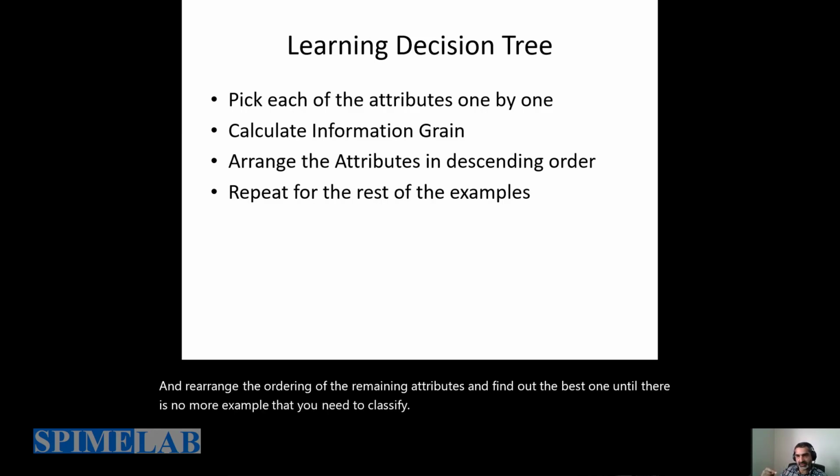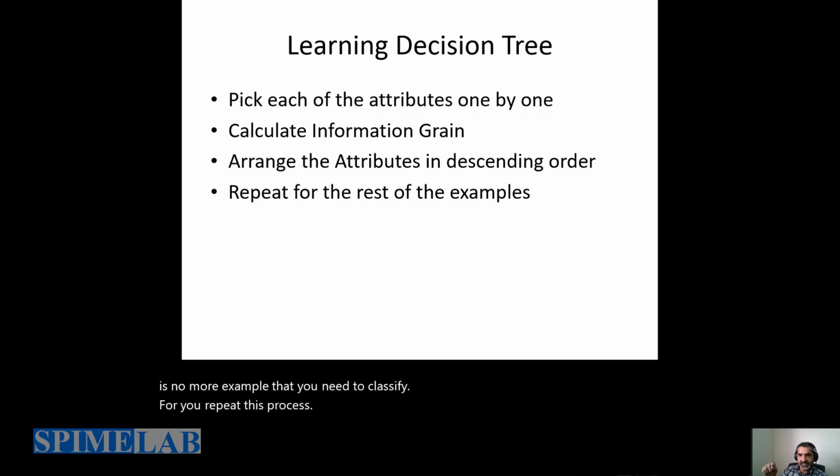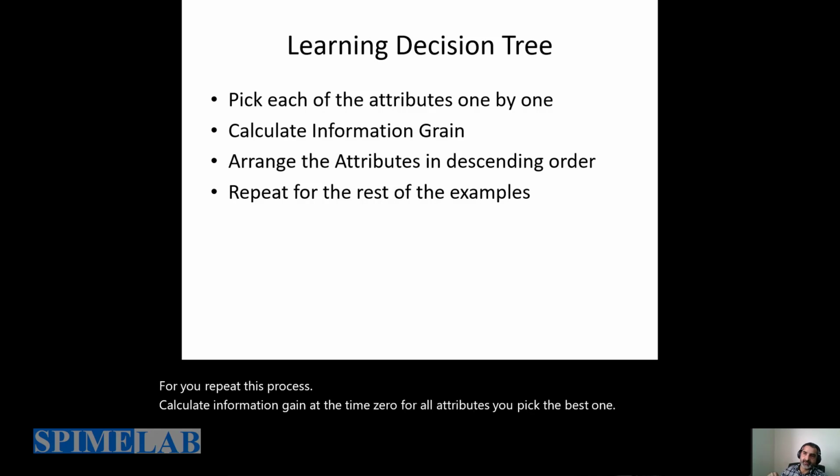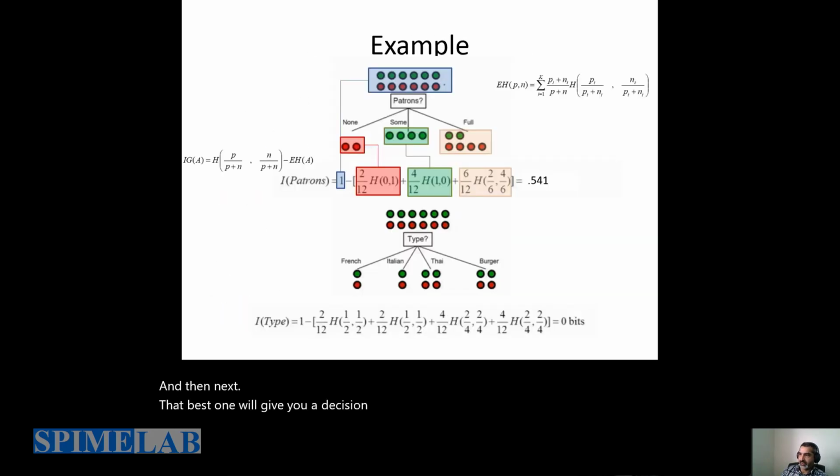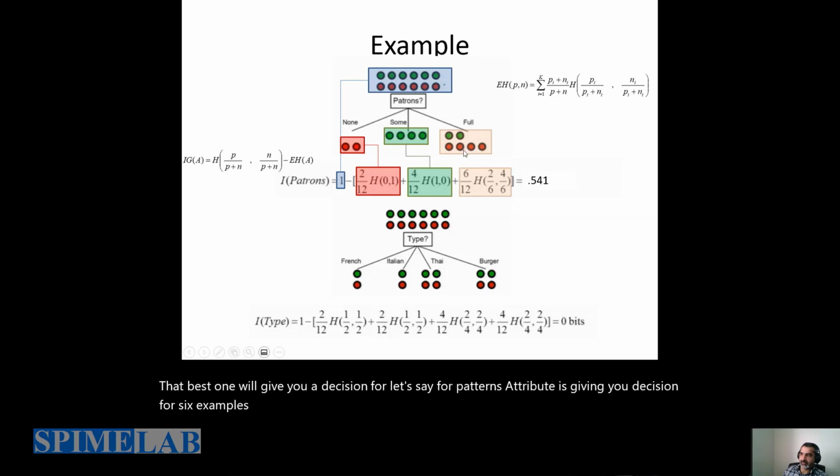So you repeat this process: calculate information gain at time 0 for all attributes, and you pick the best one. And then that best one will give you a decision for, let's say, the patterns attribute is giving you decisions for 6 examples, and only 6 are remaining.